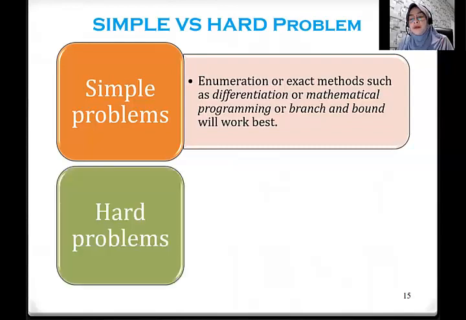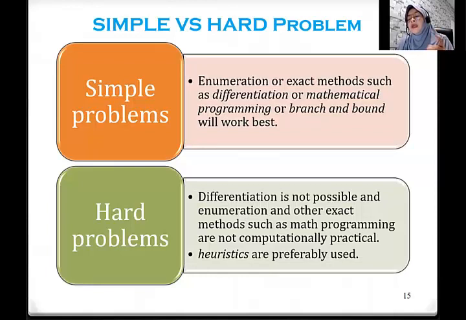For hard problems, differentiation is not possible, and enumeration and exact methods such as mathematical programming are not computationally practical. That means it will take a longer time. So heuristics are preferably used.